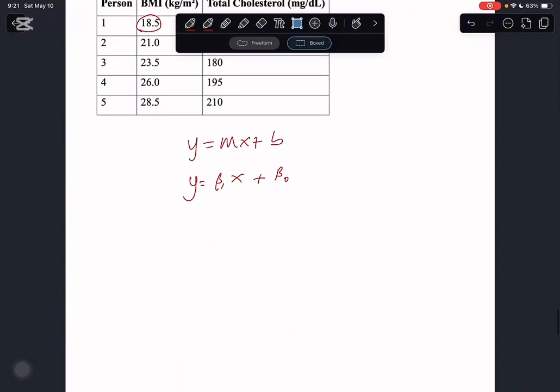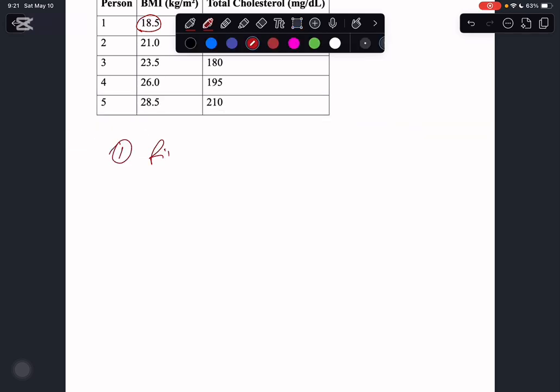So the question, the first part, told us to find the correlation coefficient.